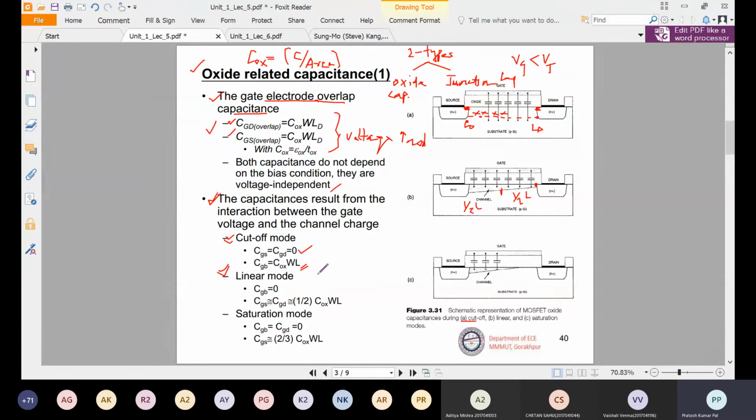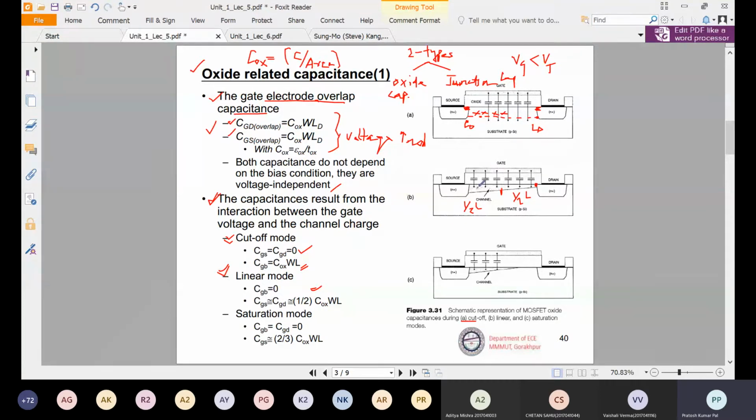Because this is an approximation, we are just approximating it as being divided equally on both sides. Okay, the channel region is divided equally on both sides, so we will be considering this case. At that time, if half the channel is for the source side and half for the drain side, then CGS and CGD will be equal, and that will be half of COX W into L.